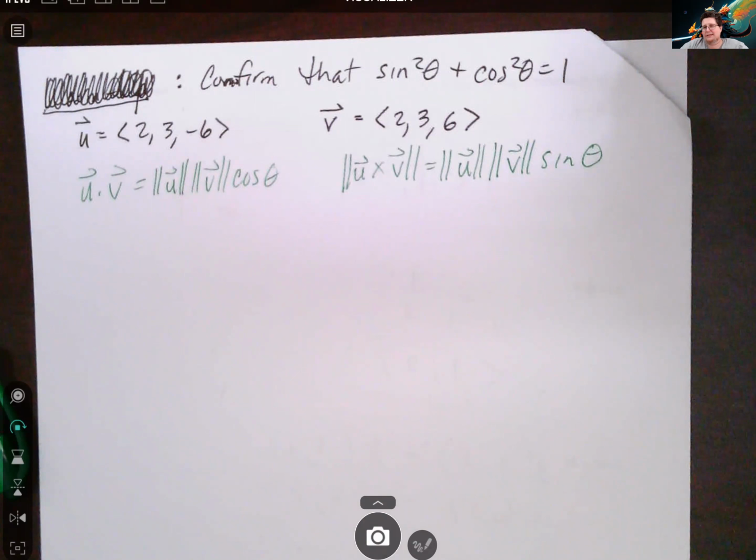Any ideas how we could tackle that? Think about your definitions of dot product and cross product. I hope I'm not spoiling it.